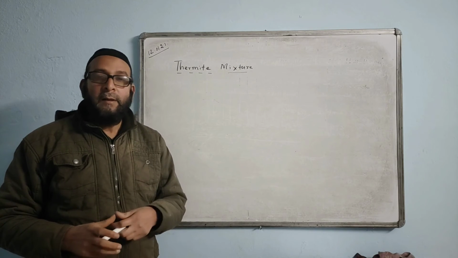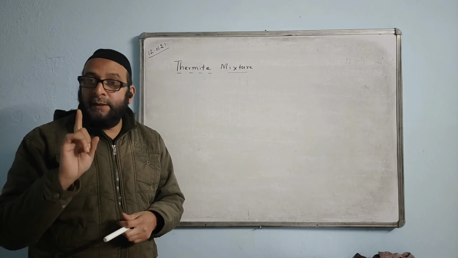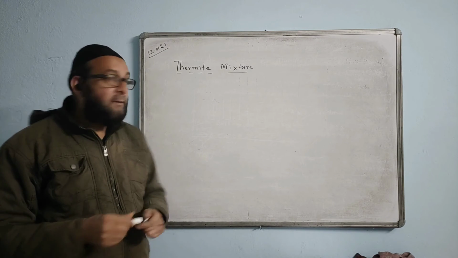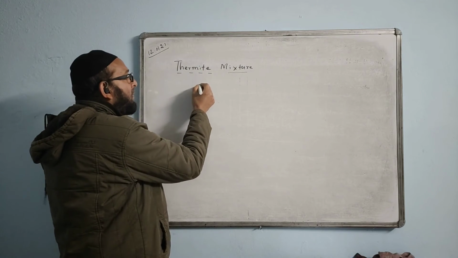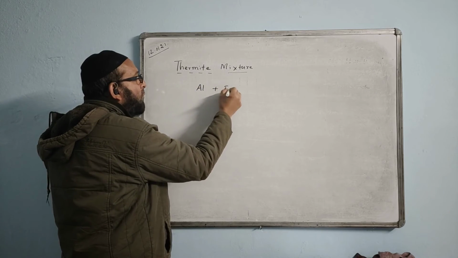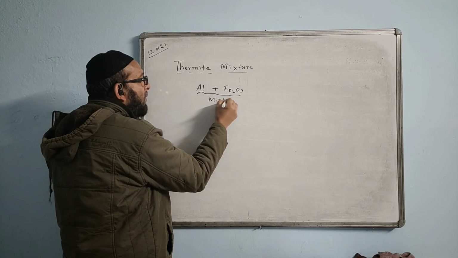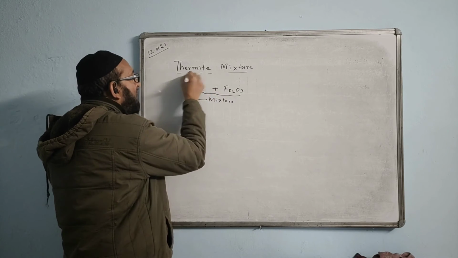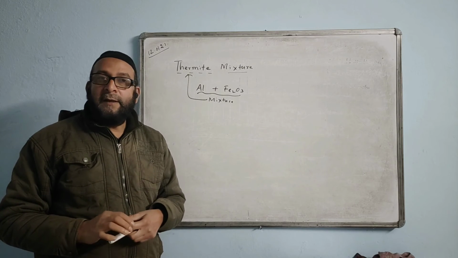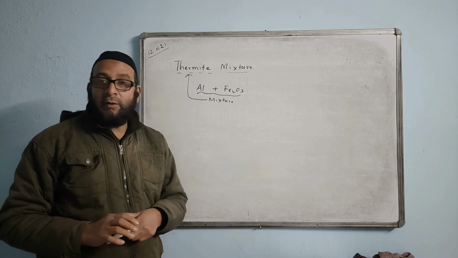Thermite mixture is a mixture of aluminium powder and ferric oxide. In thermite mixture we have aluminium powder plus Fe2O3. A mixture containing aluminium powder and ferric oxide Fe2O3 is called thermite mixture.